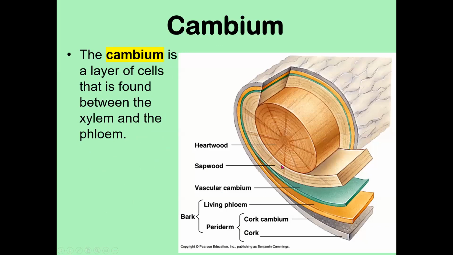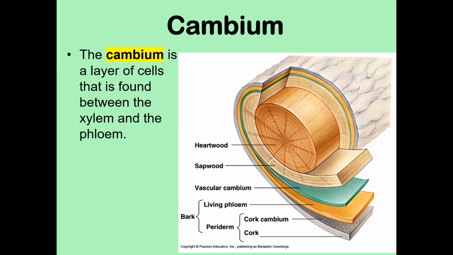Here's another diagram. If you look here, the bark itself includes the living phloem of the bark, and then there's what's called a cork, the bark itself, which is quite soft, and it protects the phloem. The green one is the cambium, and then you've got what I call the sapwood, which is the xylem, and then you've got the heartwood, which used to be the xylem.